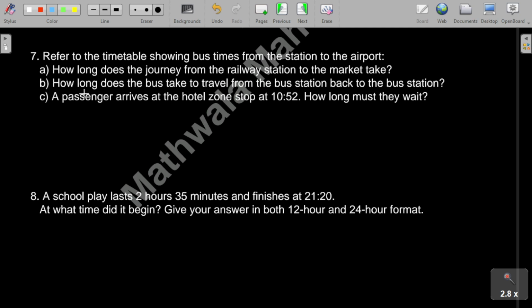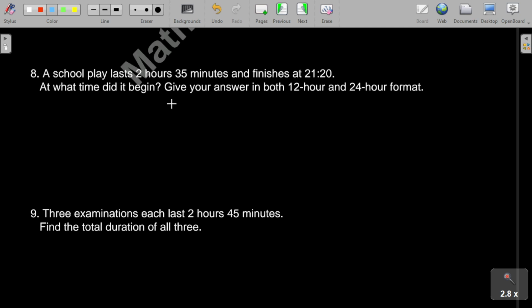So in this question, I forgot to insert the table. So this question I will solve after this video. Okay. So first we have to solve 8th question, because I forgot the table in this PDF.